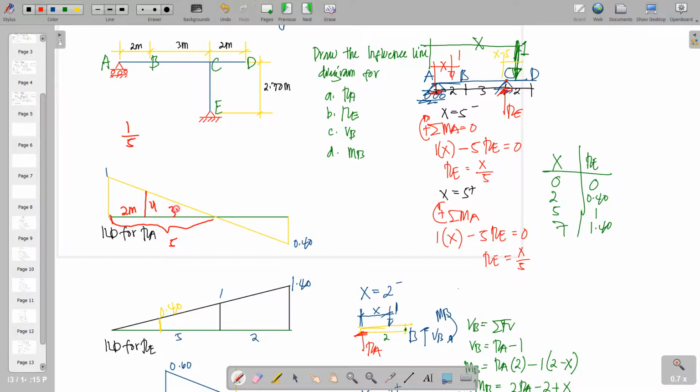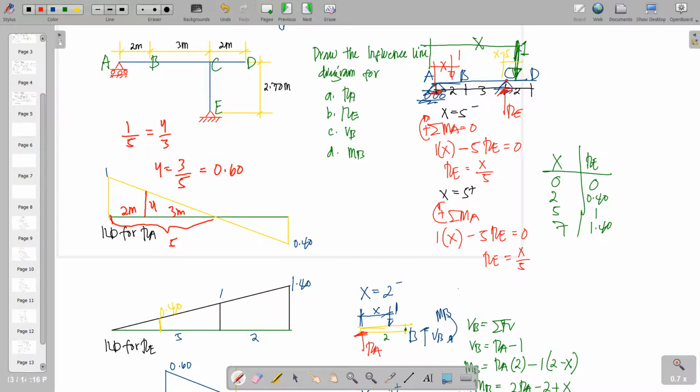So this is 3 meters. So we can say that 1 is to 5 as y is to 3. Therefore, y is equal to 3 over 5, and that is equal to 0.6.